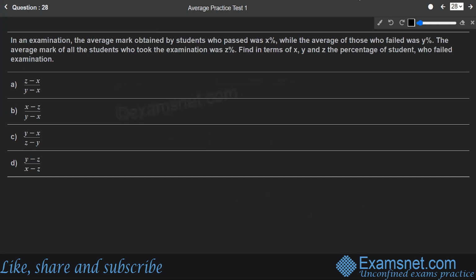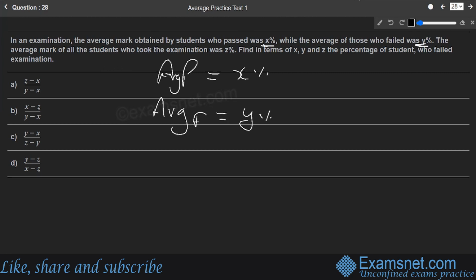In an examination, the average marks obtained by students who passed was X percent, while the average of those who failed was Y percent. So we can write down here, the average marks of the people who passed is X percent, and the average marks of the people who failed is Y percent.